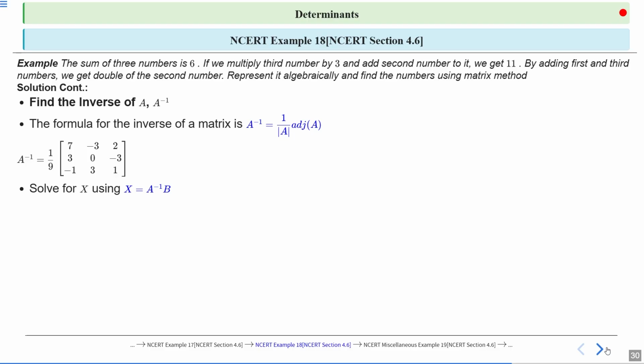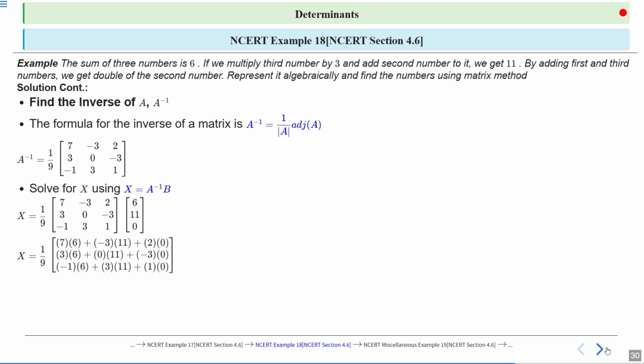Now we have the value of the inverse of A, so we solve for x using the formula x = A inverse B. So x is equal to 1 by 9, then 7, -3, 2, 3, 0, -3, -1, 3, 1, and the matrix B, that is 6, 11, 0.